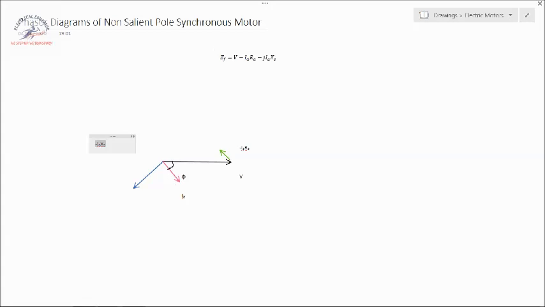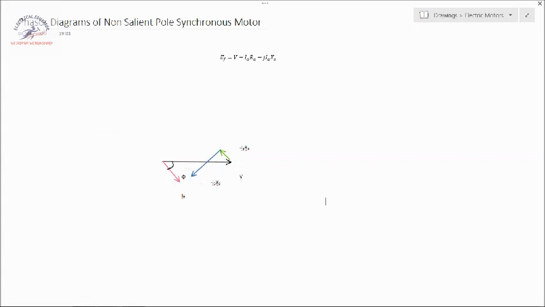I can reverse these vectors, so it doesn't matter. How do I get the resultant? From V I subtract IaRa, from that I subtract j IaXs. This j term also gives us the indication about this 90 degree lead and lag. So minus j IaXs. So this vector I will shift to the point where I have IaRa. The vector I get here is minus j IaXs.